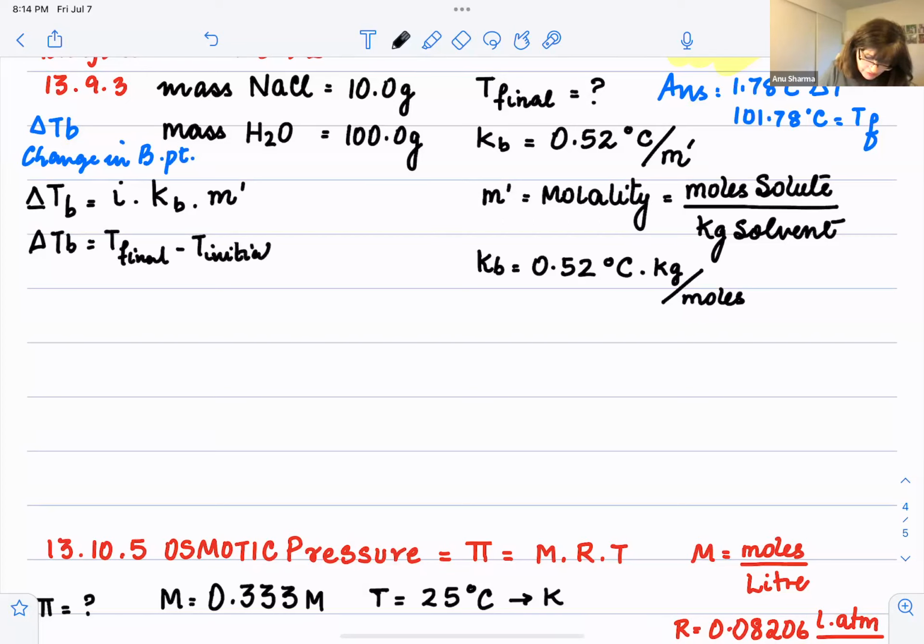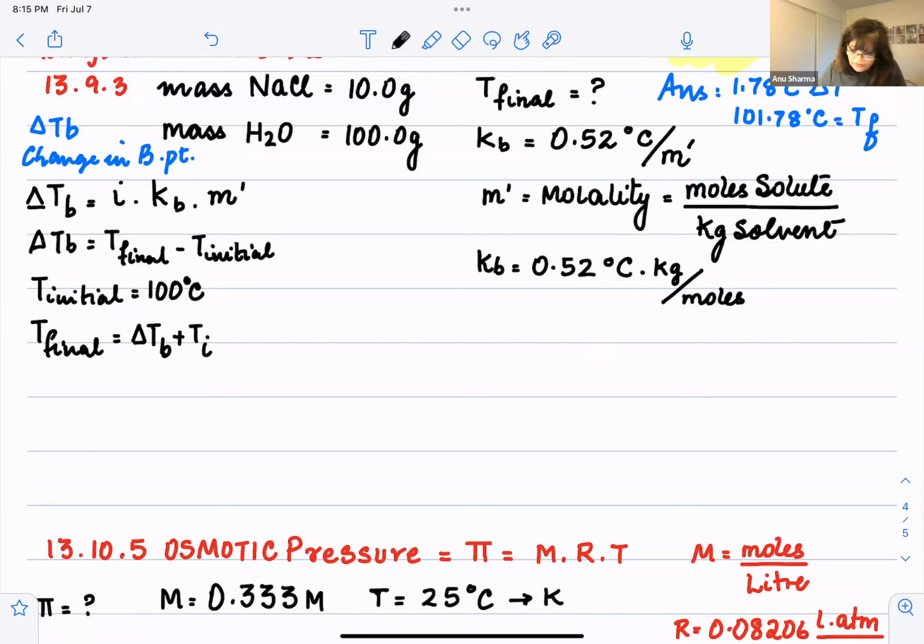And always remember that the initial, in case of water, is going to be 100 degrees Celsius. So in other words, the final boiling point, T final, becomes the change in the boiling point plus the T initial. Okay, that's how you get it.